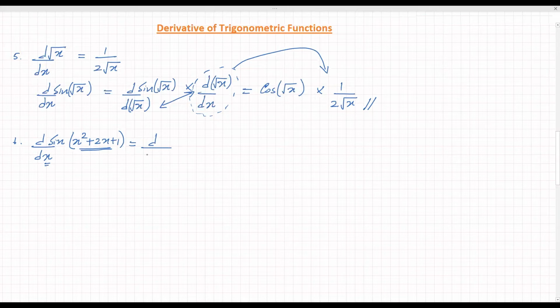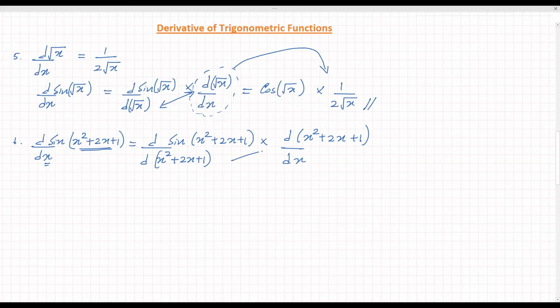So you have to use the chain rule to do this question. You will do the construction like this, and then you are going to cancel what you have already constructed, and that is called the chain rule. And then you will put dx, which is the original value you had there.